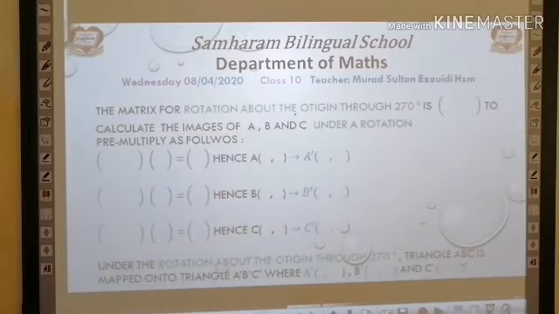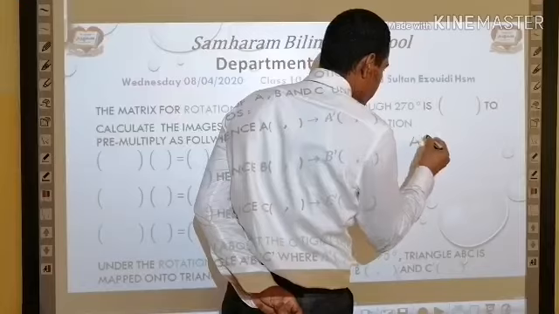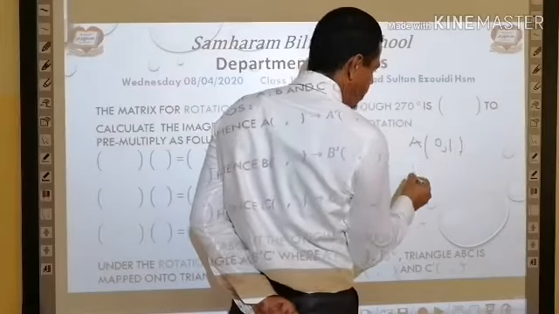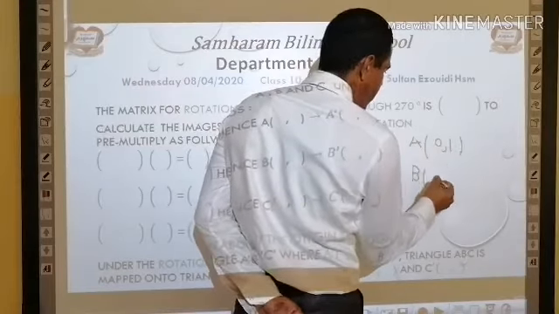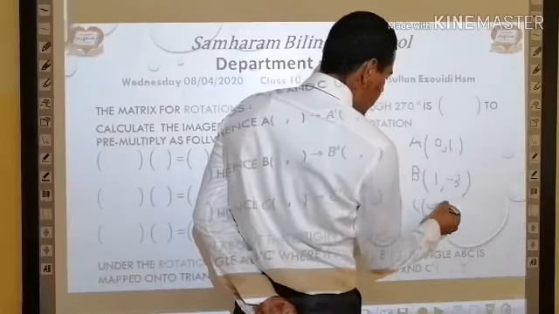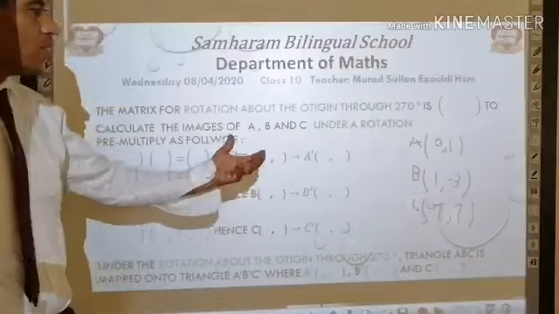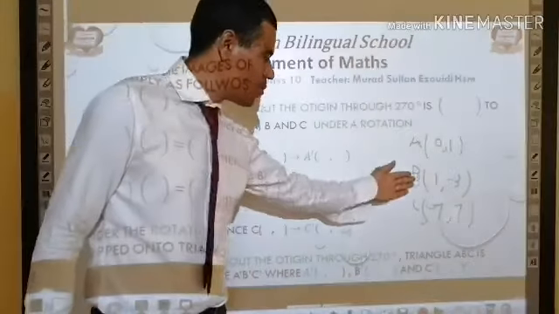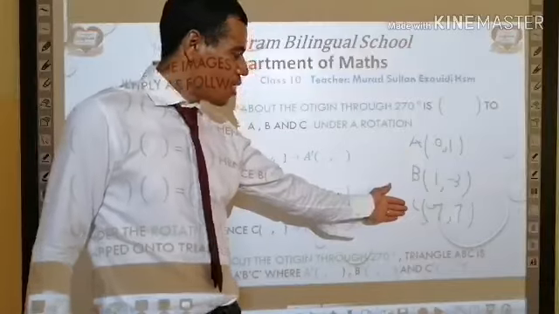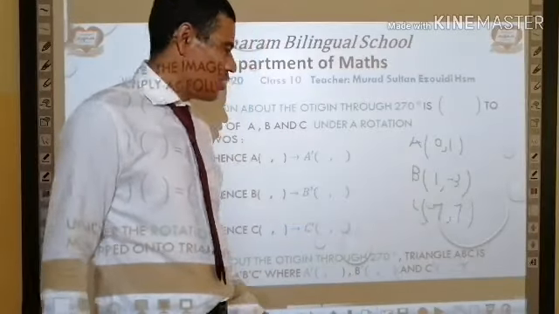Now I will give an exercise. A of coordinates (0, 1), B of coordinates (1, negative 3), C of coordinates (7, 7). I will try to find the coordinates of these points under the rotation about the origin counterclockwise through an angle of 270 degrees.